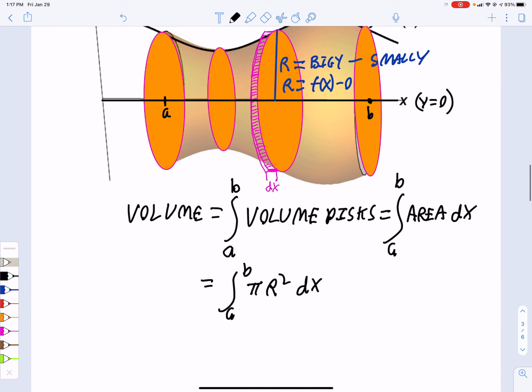So now in my final formula, I add up all the disks from A to B of, I'm going to pull the constant pi out in front, r squared dx. Oh, not r. R we found is f of x, dx. And that's how to find the volume of revolution.